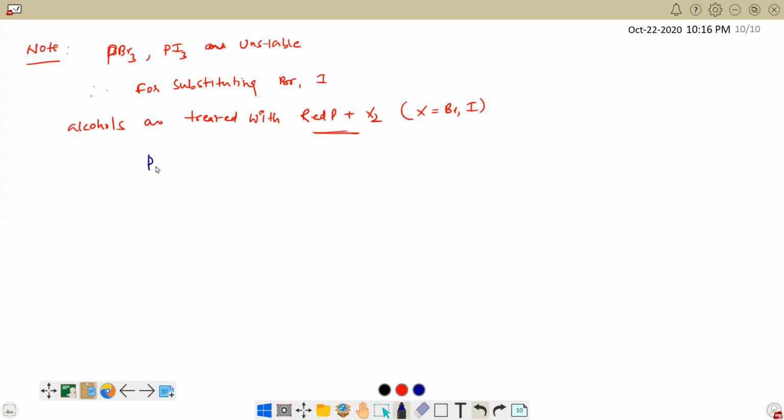Red phosphorus with Br2 gives PBr3, which is formed in situ. What do you mean by in situ? Formed during the course of the reaction.